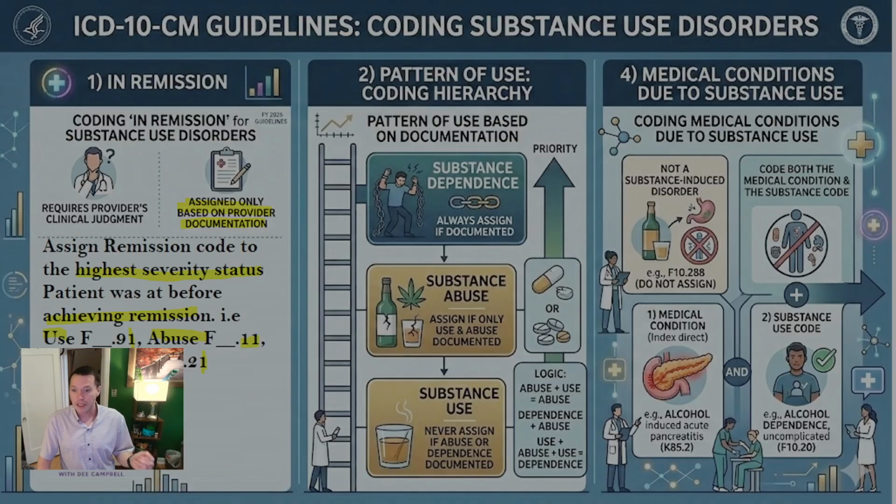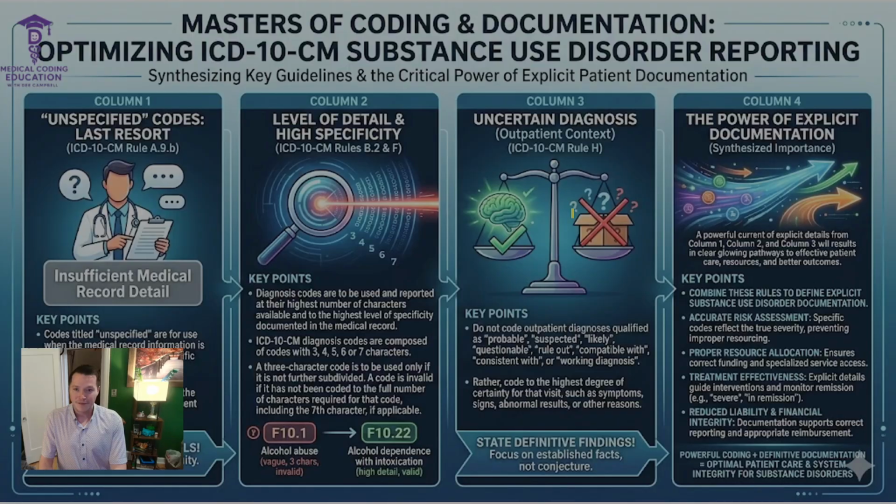So one of the examples that the book uses is when we're dealing with an alcoholic who has pancreatitis, it is proper to report both the alcohol dependency and the pancreatitis with each other, so in that way it's clearly indicated in this patient's record that one more than likely caused the other, or they are at least related. Oh, I guess absolutely caused, because it's the alcohol-induced pancreatitis code.